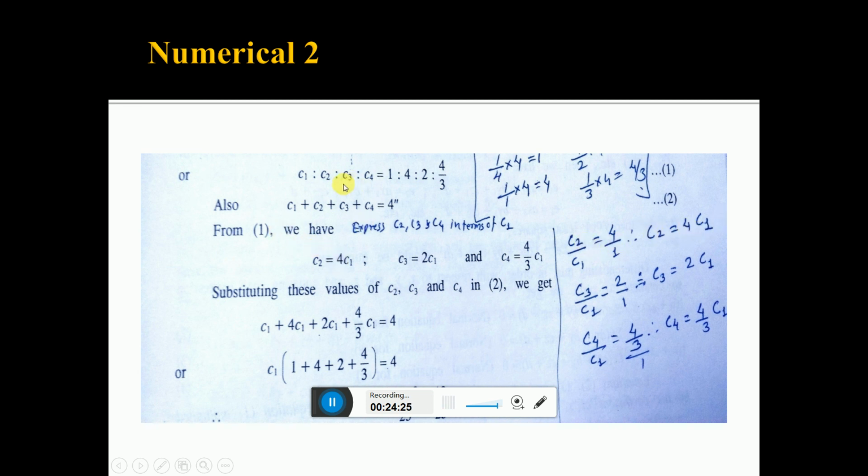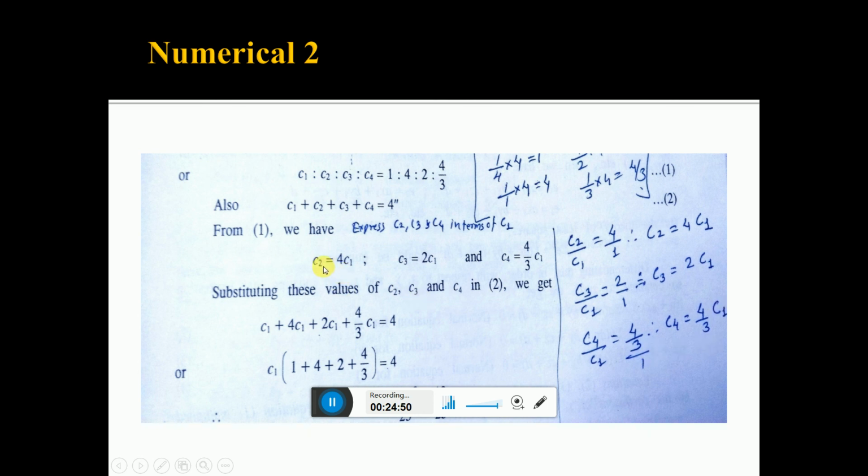Same way, C3 upon C1 is equal to 2 : 1, so C3 is equal to twice C1. Similarly, express C4 in terms of C1. C4 upon C1 is equal to 4/3 upon 1, so C4 is equal to 4/3 C1.